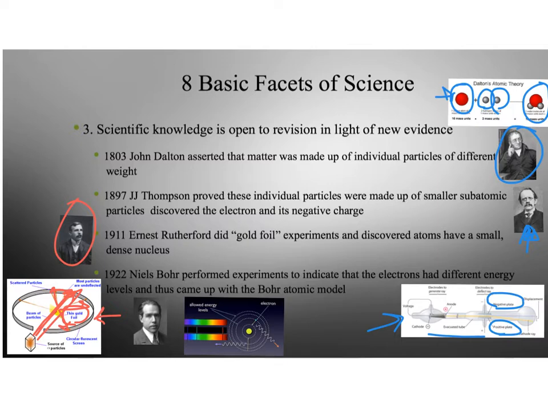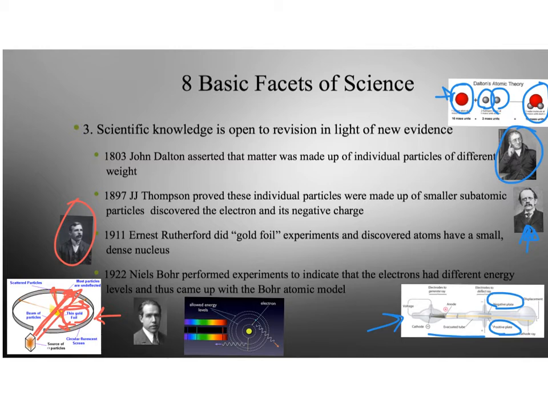But since some of them were being deflected, he's like, there's got to be something inside an atom that is going to take up space inside of there and cause those things to deflect. So again, we've got a revision of our scientific knowledge in light of new evidence.